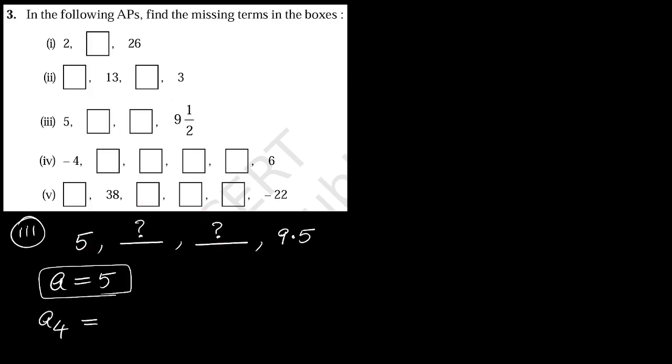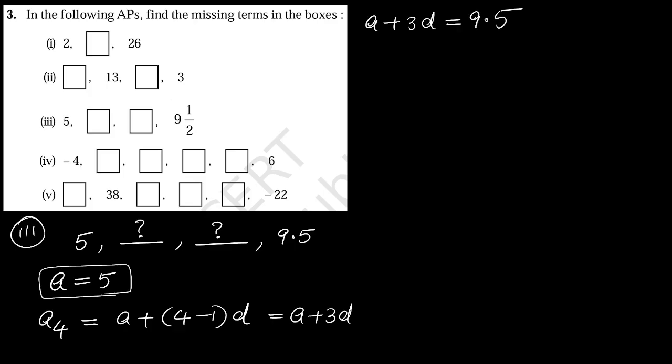The fourth term is a plus 4 minus 1 d, or a plus 3d. So this a plus 3d is the fourth term, and it is given as 9.5.